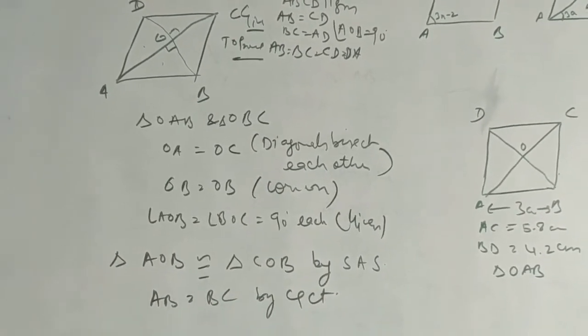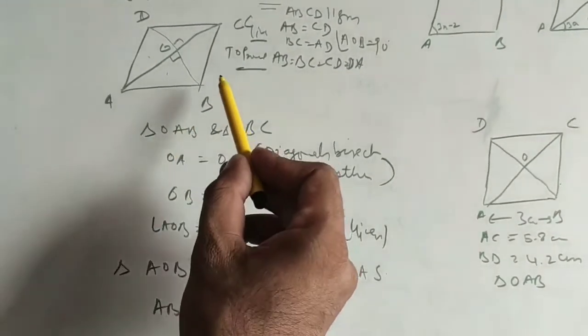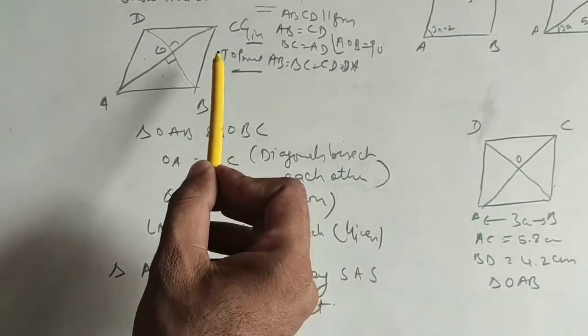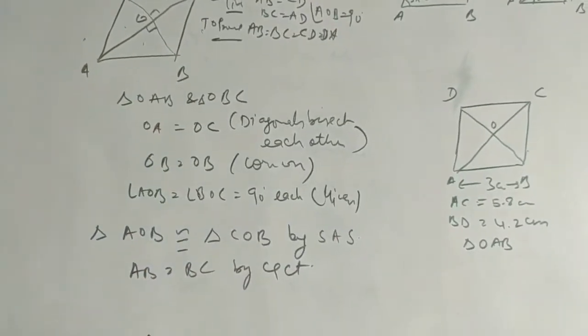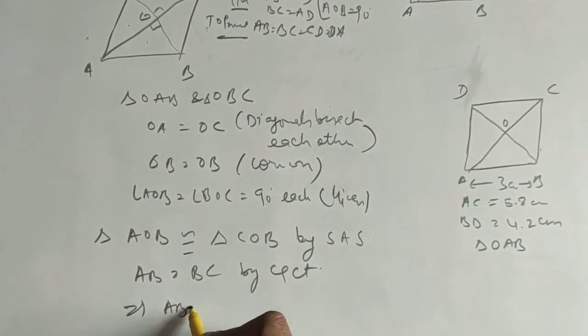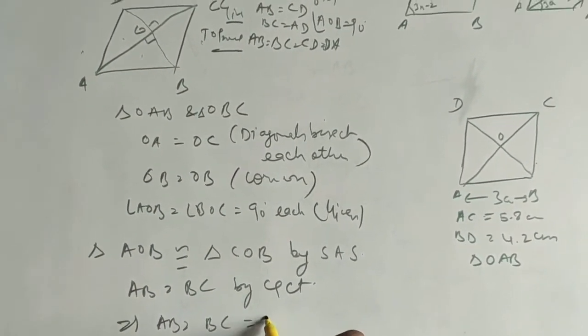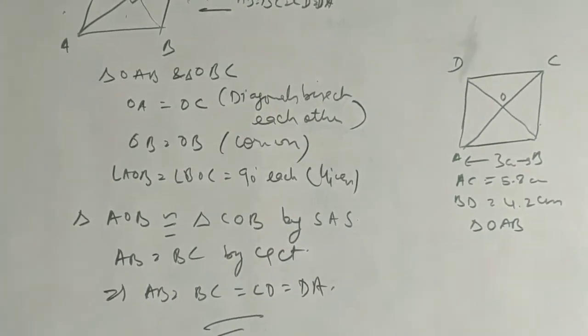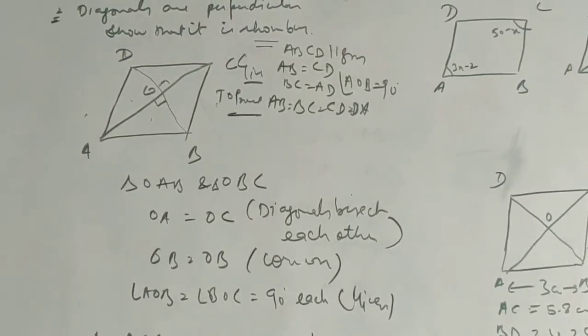We know that AB and DC are equal because opposite sides of a parallelogram are equal, and BC is equal to AD. So this implies all the sides are equal: AB, BC, CD and DA. If all the sides are equal, then the given figure is a rhombus.